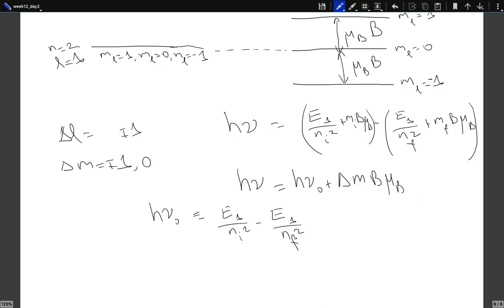Now when there is a magnetic field, these are the new frequencies.